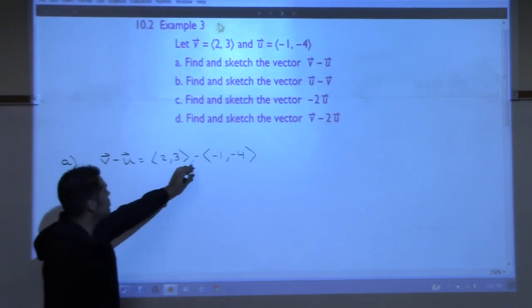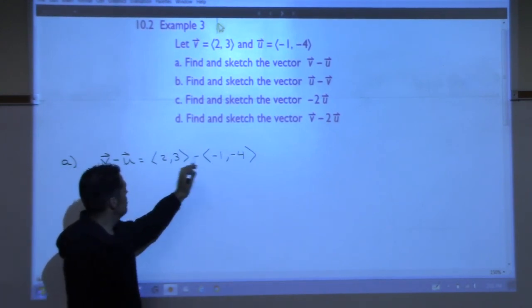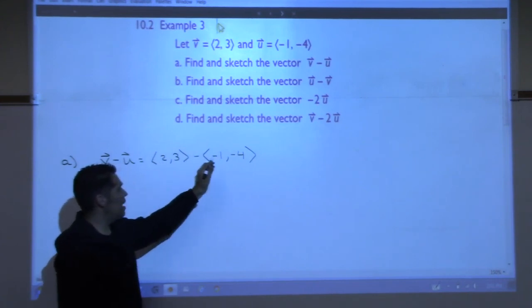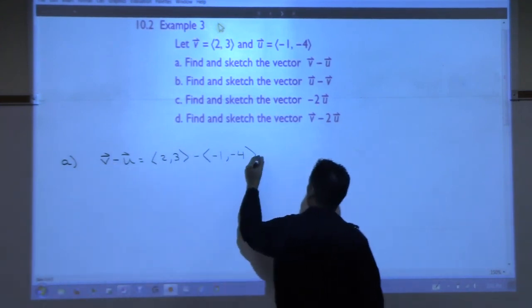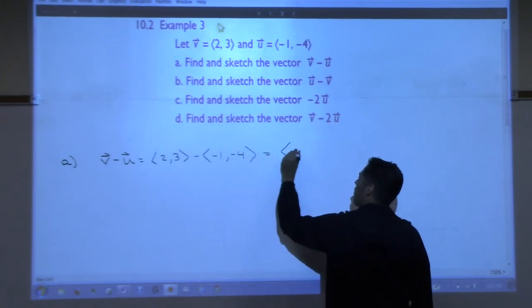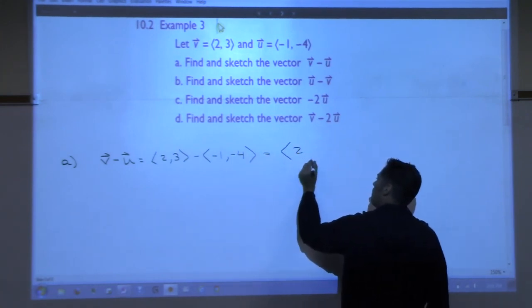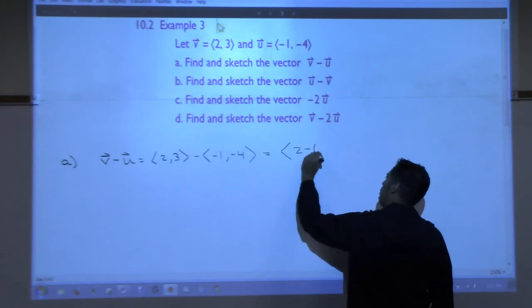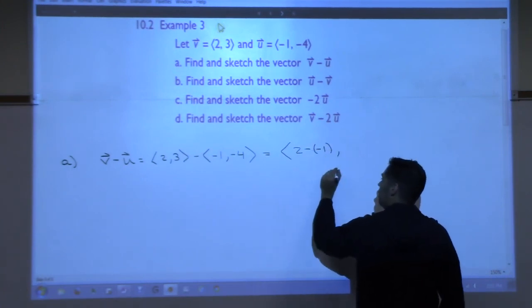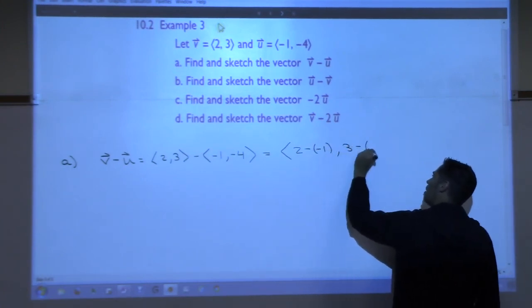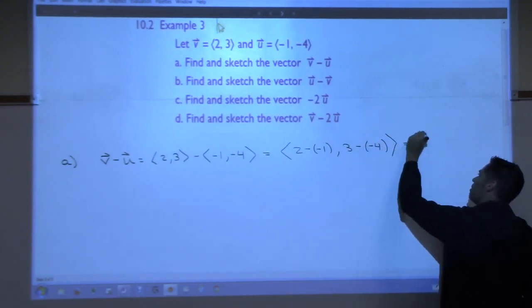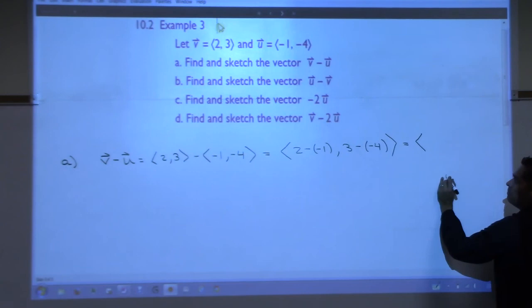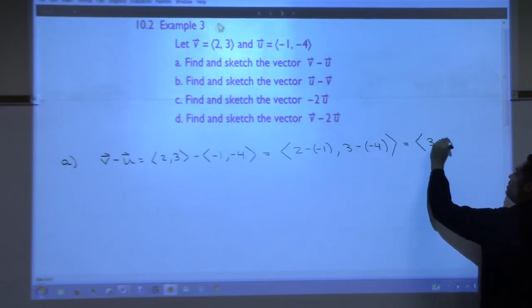When we do subtraction with vectors, we do this component minus that component, and then this component minus that component, and that becomes a new vector. So we should have 2 minus negative 1, comma, 3 minus negative 4, which is, what is this new vector? 3, 7.